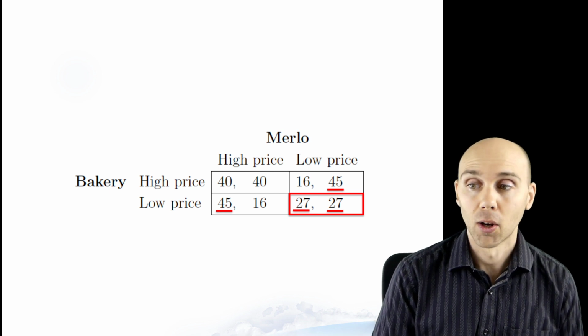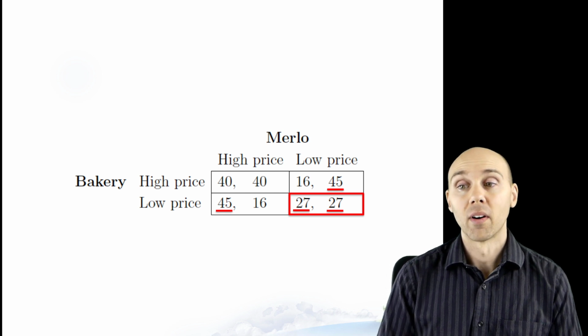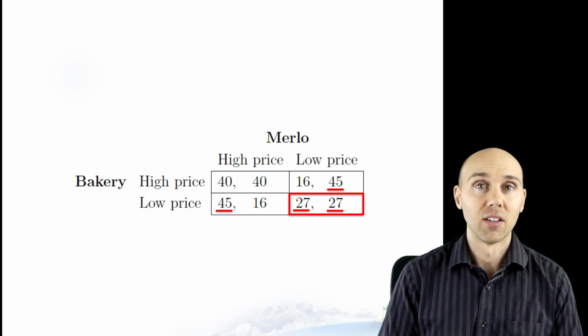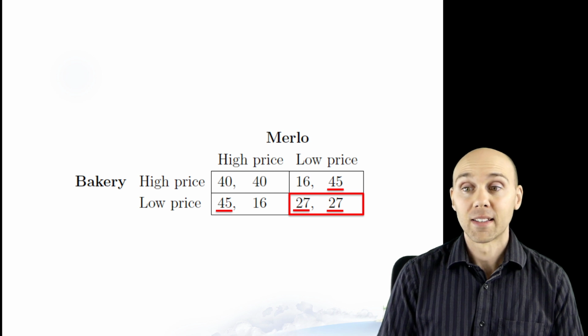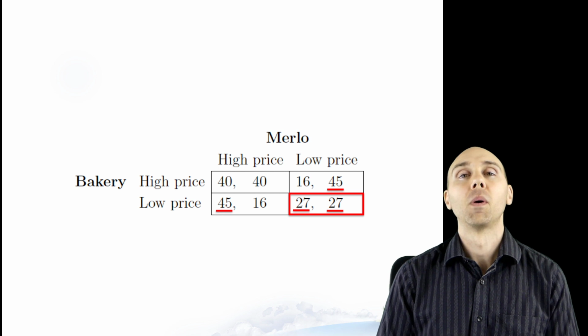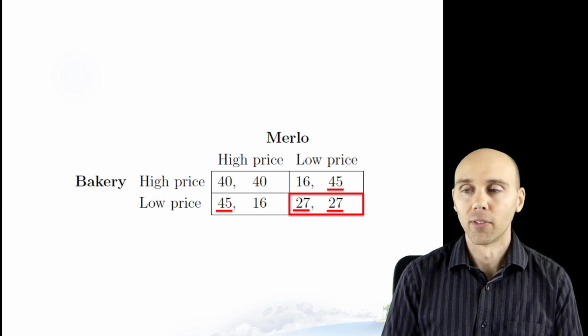Well, notice that low price gives both firms profits of 27 each, whereas high price would give both firms profits of 40 each. So it would be better for the two together if they could both agree to set high prices in some sort of cartel arrangement, but there would always be an incentive for at least one of the players to deviate to make higher profit.